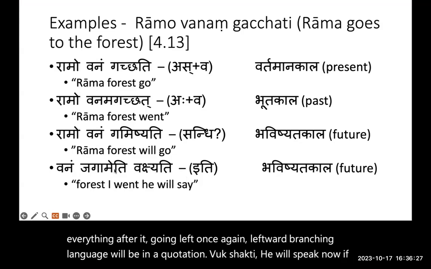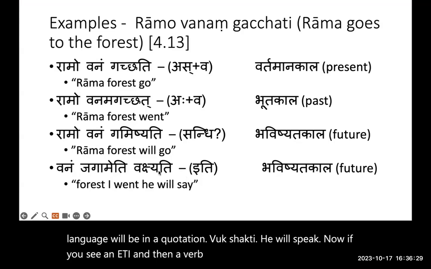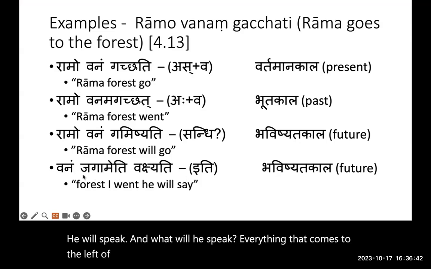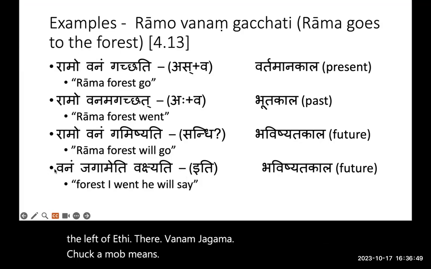Now, if you see an iti and then a verb like vach, to speak, or bhash, bhashyati or bhashyate, he will speak. And what will he speak? Everything that comes to the left of iti. There, vanam jagama. Jagama means he went to the forest.